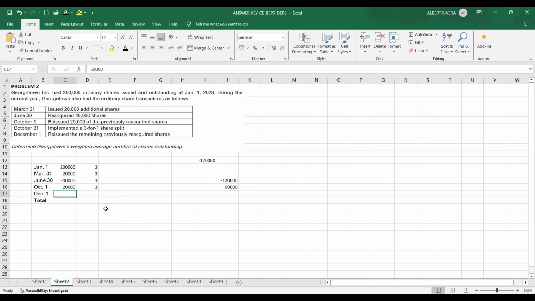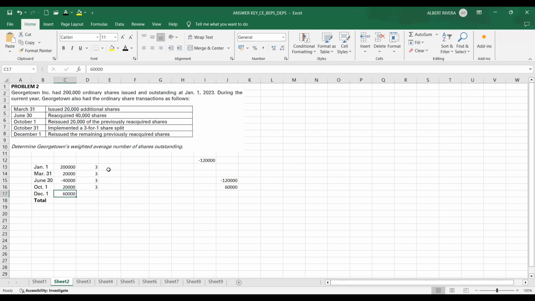That 60,000 came from the 120 treasury. They reissued 20, however there was a split, so that is also 60, and the remaining is 60.